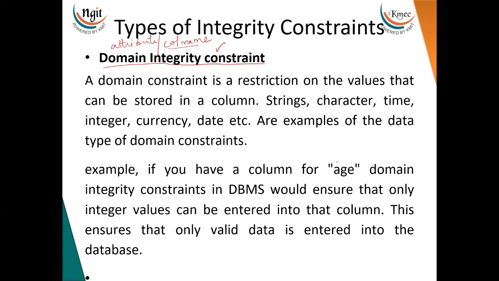For example, here we have age as a domain. Now, when a domain integrity constraint is applied for age, and the user tries to input a value for the age column as a string, then it is not allowed. The DBMS should ensure that only integer values can be entered into the column, because age cannot be a string type of data.